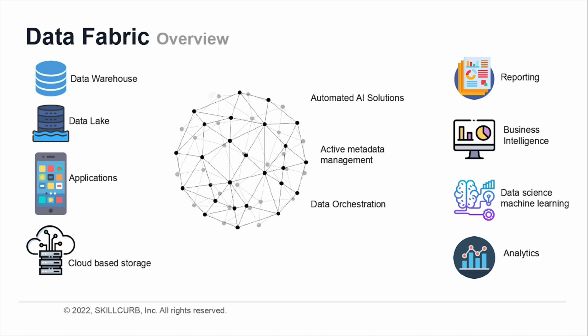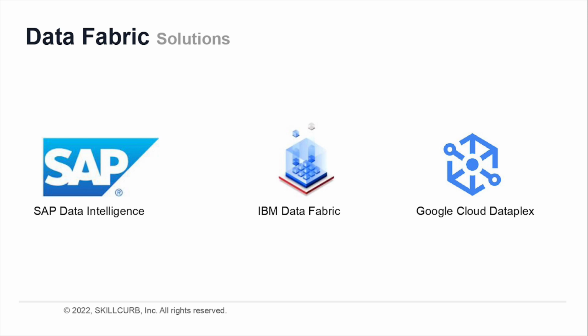Data fabric is the complementary coding you can use to connect disparate data lake solutions with data warehouse tools to resolve interoperability issues, improve data distribution speed, and achieve better data standardization. Some data fabric solutions are SAP Data Intelligence, IBM's Data Fabric, and Google Cloud Dataplex.